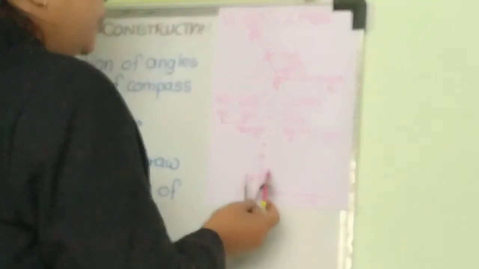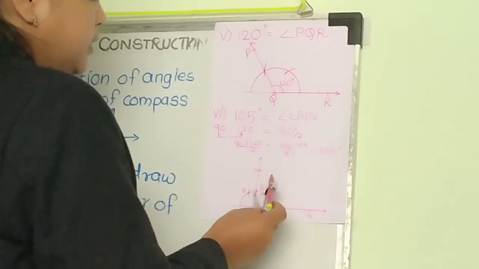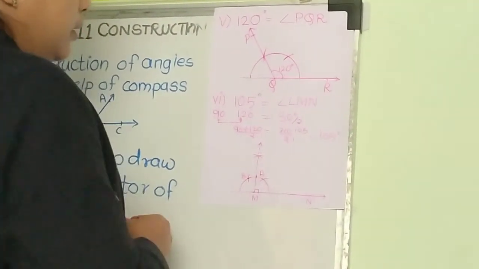Then we draw the bisector of this angle.